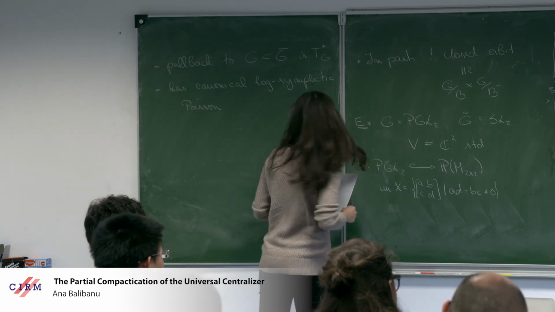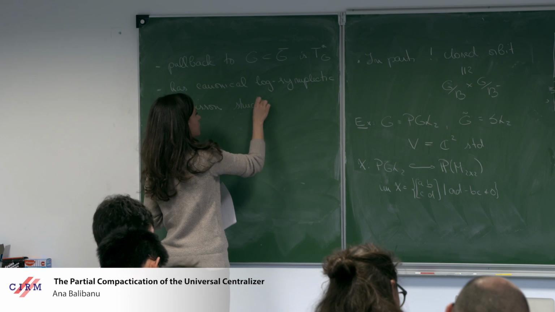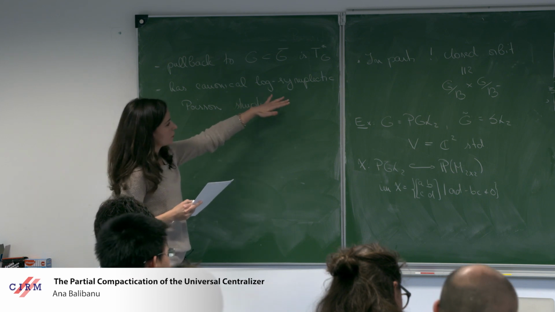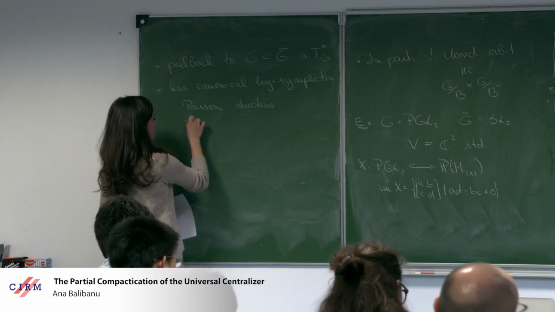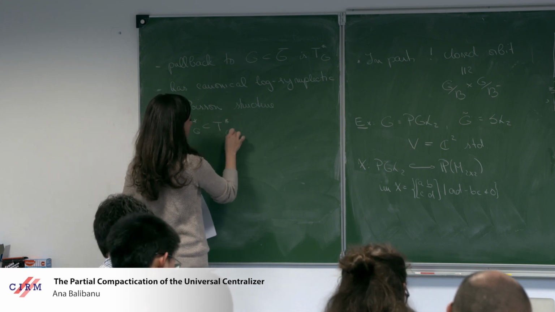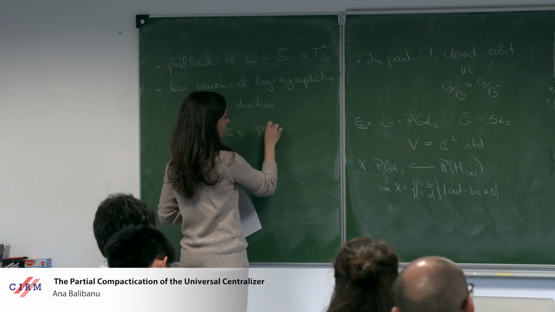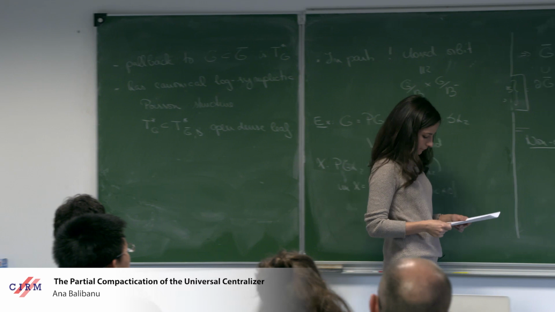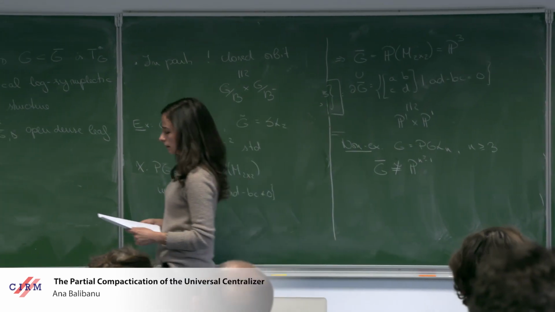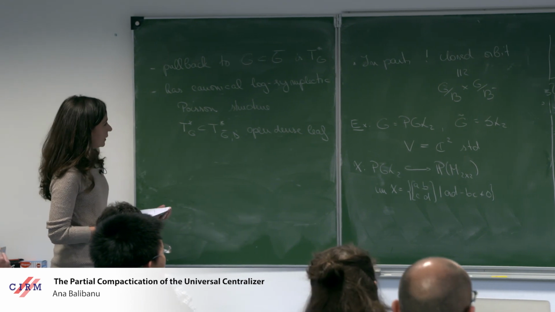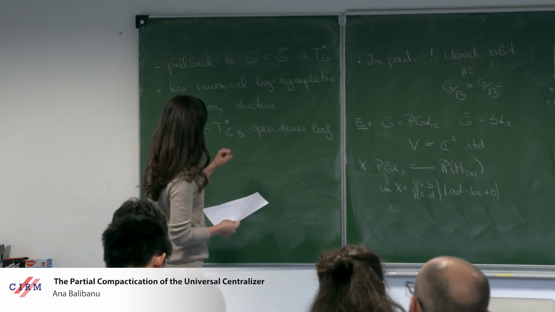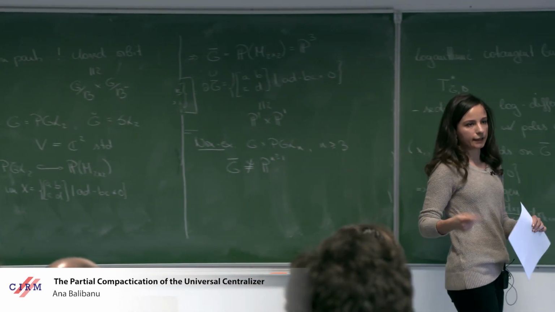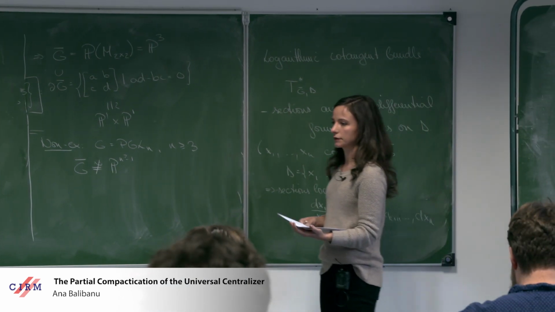A log-symplectic structure is a type of non-degenerate Poisson structure, so it's going to have an open dense symplectic leaf, and in this case, this is going to be exactly the cotangent bundle of G. And it's from this Poisson variety that we're going to perform a sort of analog of constant Whittaker reduction to compactify the universal centralizer Z.